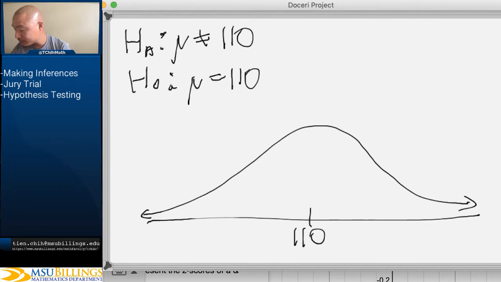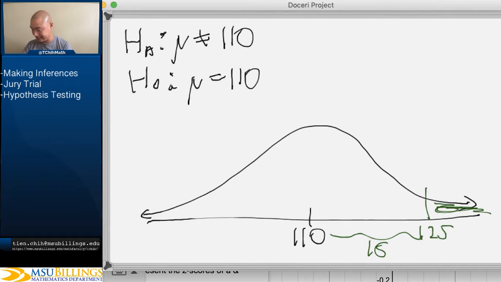So the difference between what we just did and what's going to happen here is what it means to be results like what we saw. In this case, like what we saw would mean 125 or more, or this is length 15, so go over here, 95. Or less.